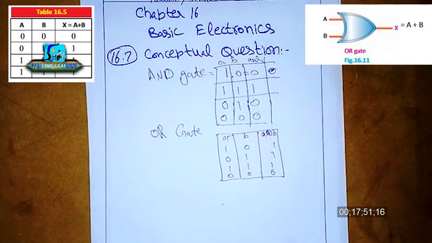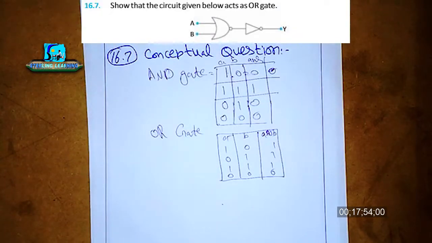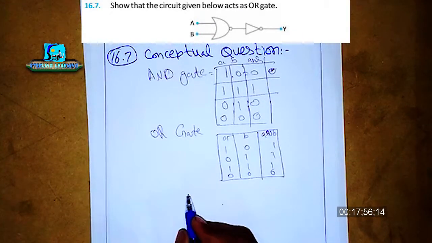Now about the conceptual question 16.7, show that the circuit given below acts as OR gate. This circuit is given.